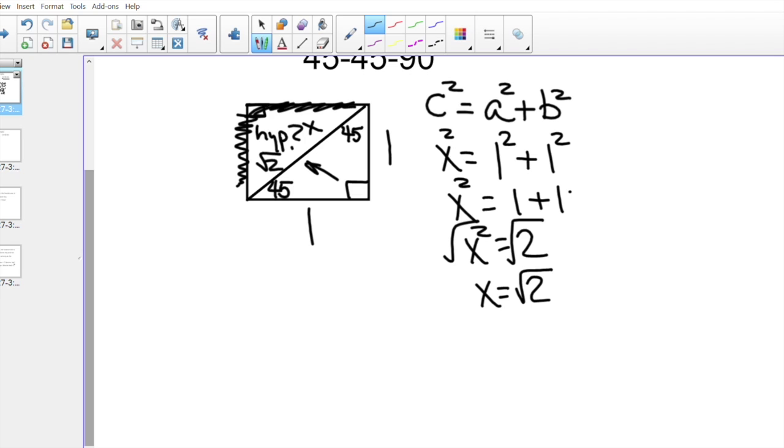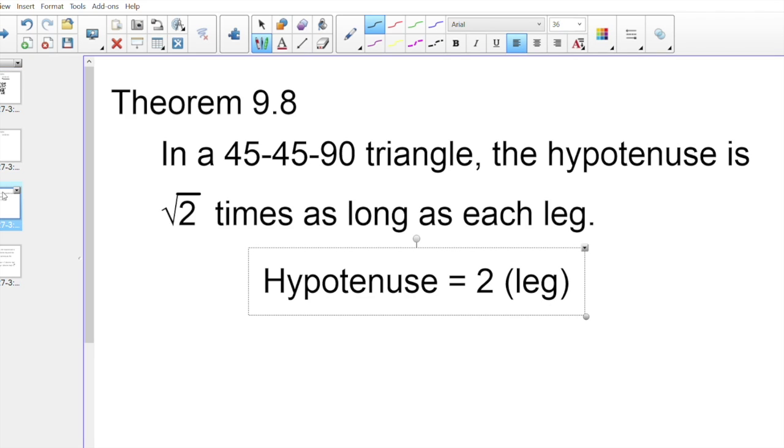What that leads us to is a theorem, Theorem 9.8, and it goes like this. Theorem 9.8.